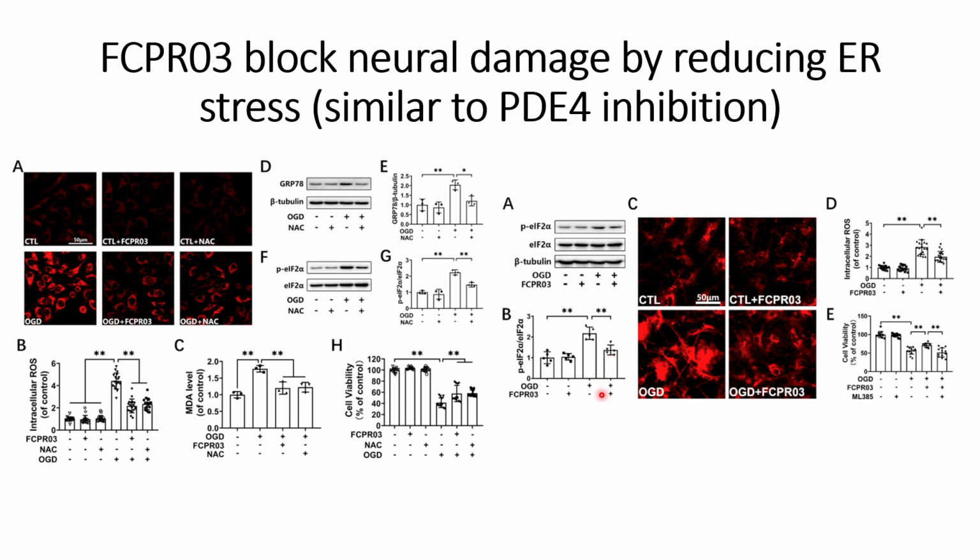And when they did the semi-quantitative analysis, they can see that the phosphorylated EIF2 alpha is reduced in the case when the cells are treated with both oxygen glucose deprivation and FCPR03.